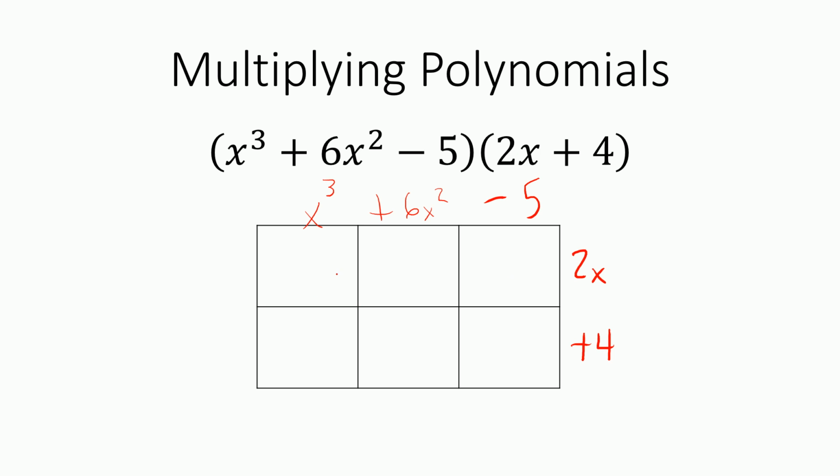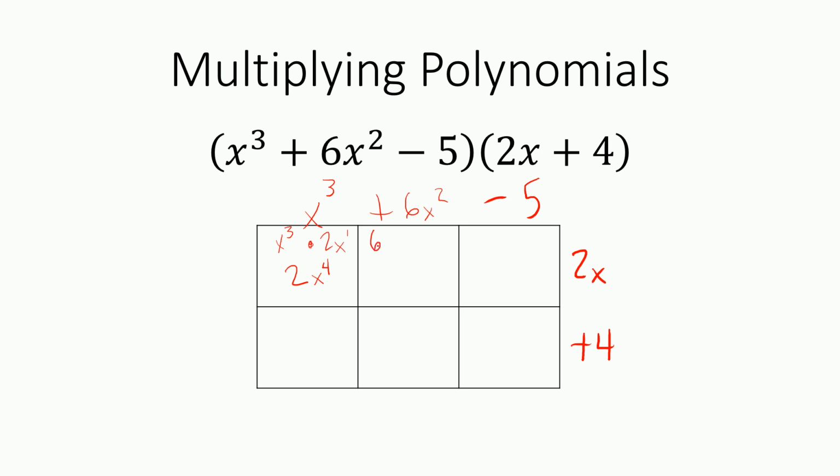Then each box here will be the area, essentially, of that spot, where this length is represented by x cubed, and this height is represented by 2x. So I would multiply x cubed and 2x. Remembering that this is an x to the 1, I'm going to have 2x to the 4th, because I add the two exponents.